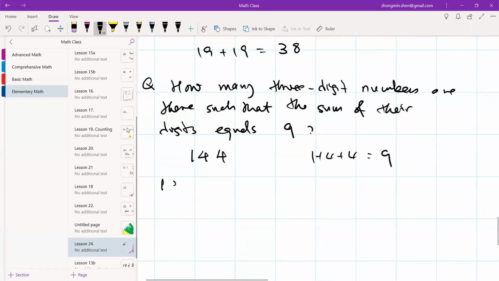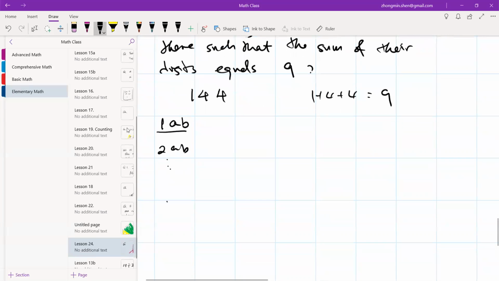Let's write down the 3 digits in this form, and it's possible the last one will be 9, A, and B. So you have 9 groups here, but in each group, you figure out the number of such 3-digit numbers. So the sum here, A plus B, should be equal to 8.